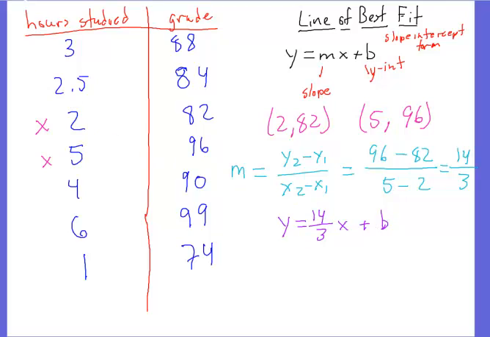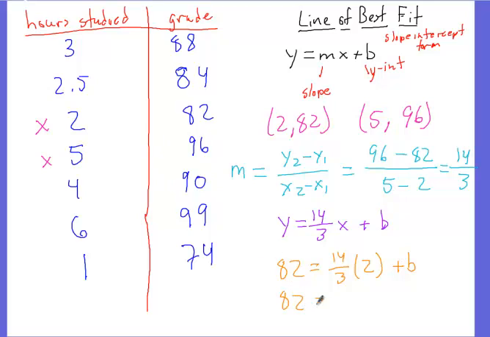Since we have a y and x that we want to fill in here, we have two coordinates, (2, 82) or (5, 96), we can substitute in. I'm going to substitute in the 82 and the 2, so it's 82 equals 14 thirds times 2 plus b. 14 thirds times 2 comes out to 28 thirds.